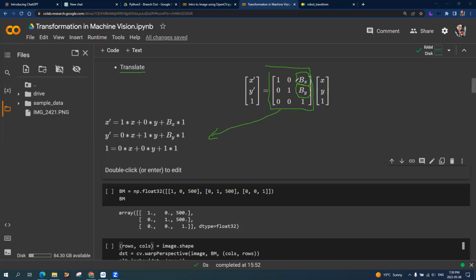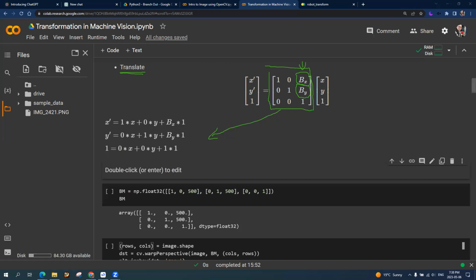You cannot put them anywhere you want, because other positions are for other things. When we define translation, they have to be put in the third column, at the first row and second row. Okay, they have their fixed location. So that's what we need to pay attention to.